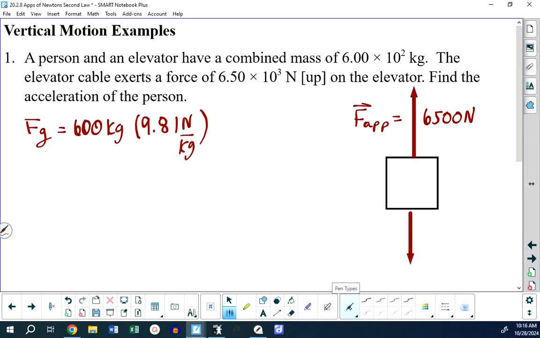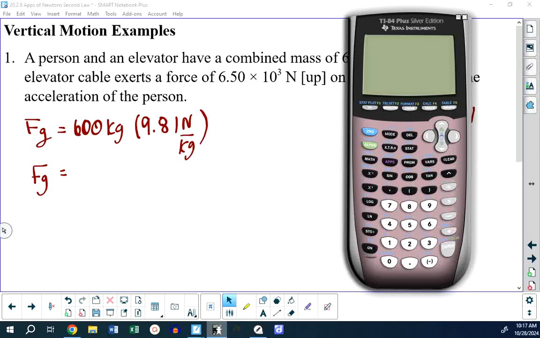Well, it's your acceleration if the cable broke. Okay? So, well, I can see it's going to be less than that. 600 multiplied by 9.81, 5886.